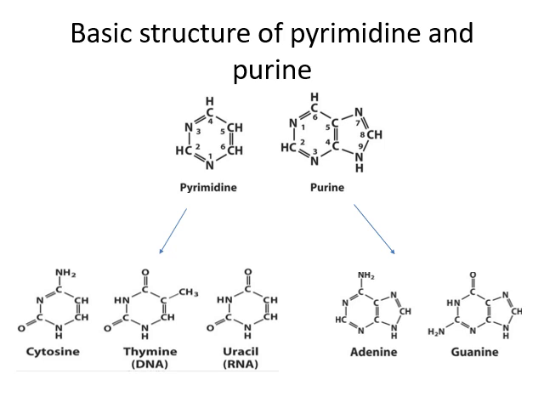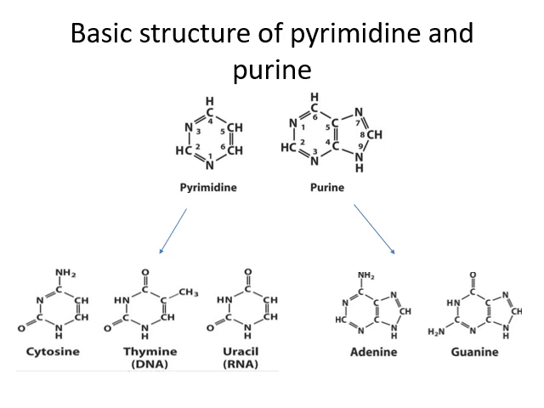The pyrimidine has a 6-carbon ring molecule, whereas purine has the 6 and the 5-carbon structure here. Nitrogenous means it contains nitrogen in the structure.